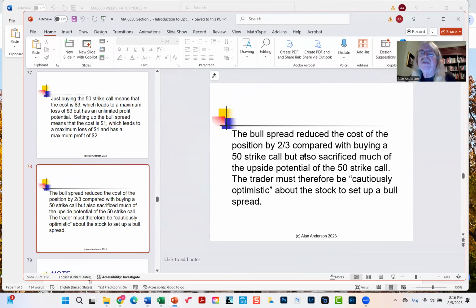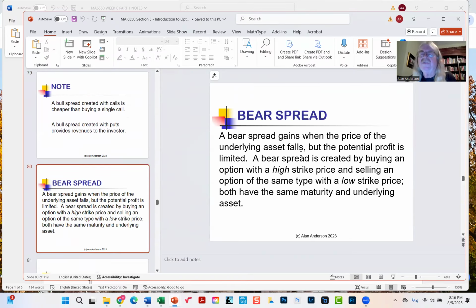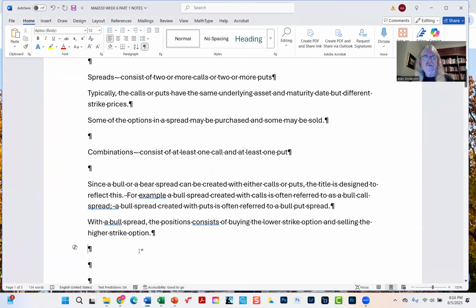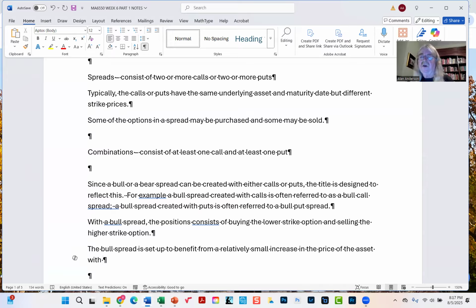Now, it turns out that the bear spread is just the reverse of the bull spread. Okay. So in other words, one more thing we need to pay attention to here. The bull spread is set up to benefit from a relatively small increase in the price of the asset, with a very low cost. Okay, if we really thought that the price might continue to rise, we probably would have just bought the low strike call in the first place.